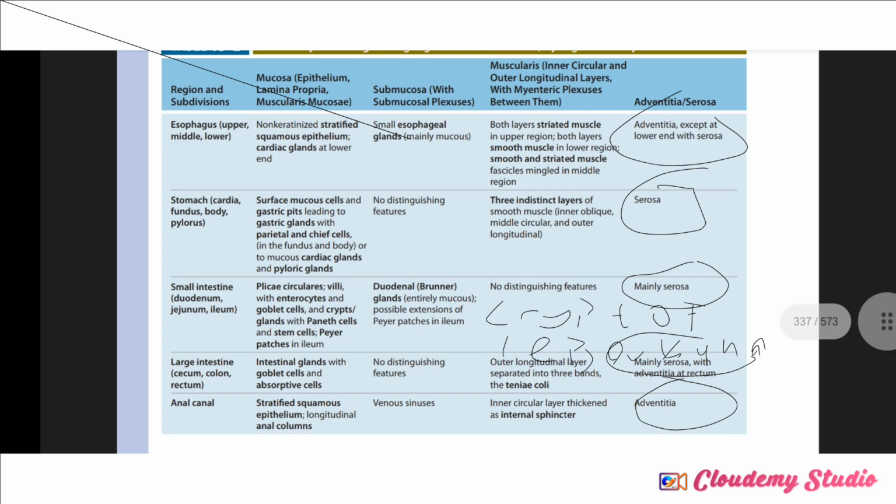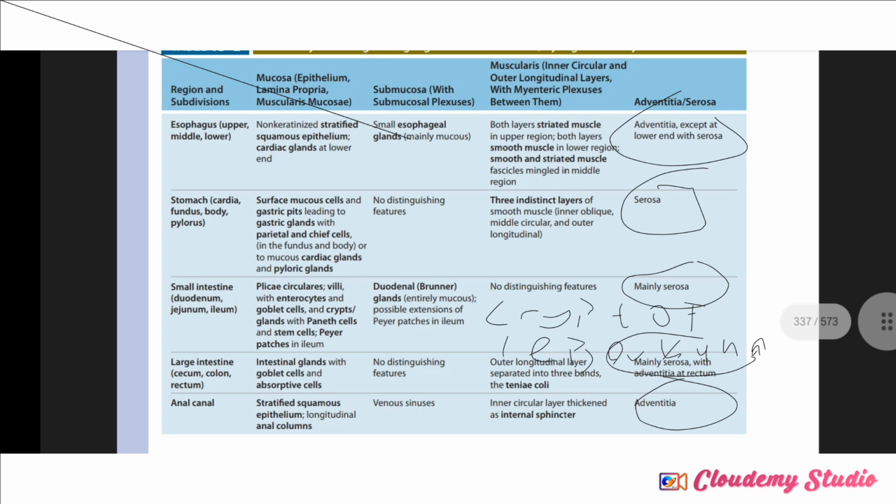Now, the one having simple columnar epithelium with goblet cells is the intestine, which can be the large intestine or the small intestine. The large intestine is separated from the small intestine by the presence of villi in the small intestine and no villi in the large intestine. The small intestine consists of the duodenum, the jejunum, and the ileum, while the large intestine consists of the cecum, the rectum, and the colon. And Brunner's gland is found in the duodenum.